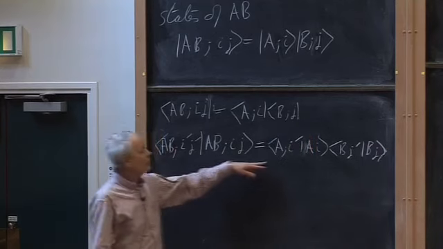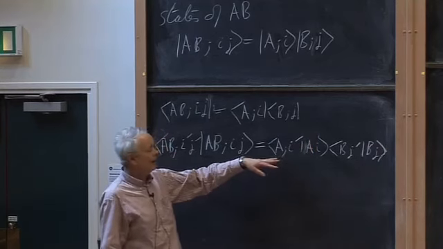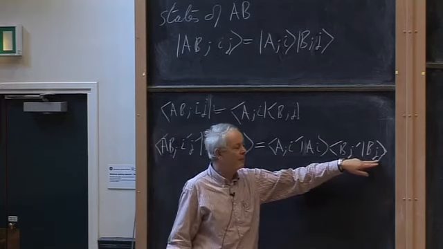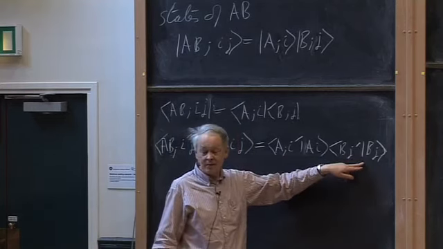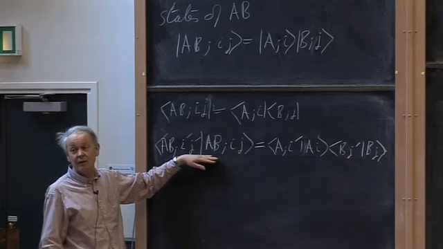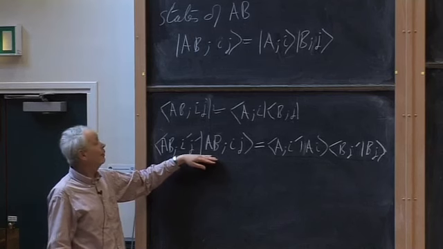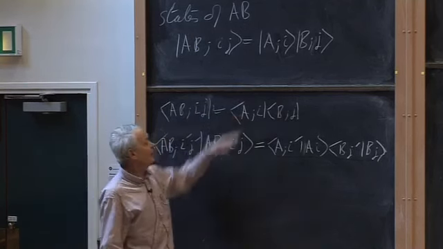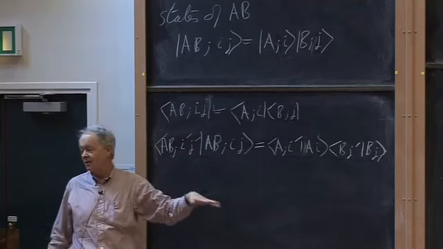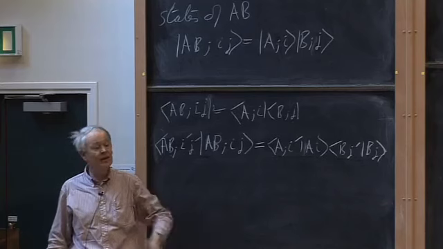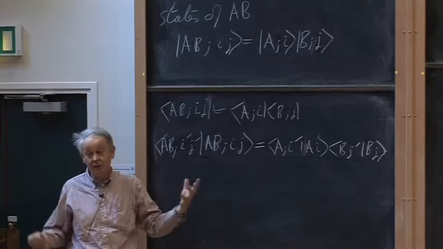So what I've written on the right is completely well defined, because this is a complex number and this is a complex number, and we can multiply complex numbers, and we get a complex number which gives meaning to this on the left. And that's the essence of giving meaning to this thing here, because remember, all we want with kets is in order to calculate amplitudes, whose mod squares are going to be the probabilities that give us our predictions.